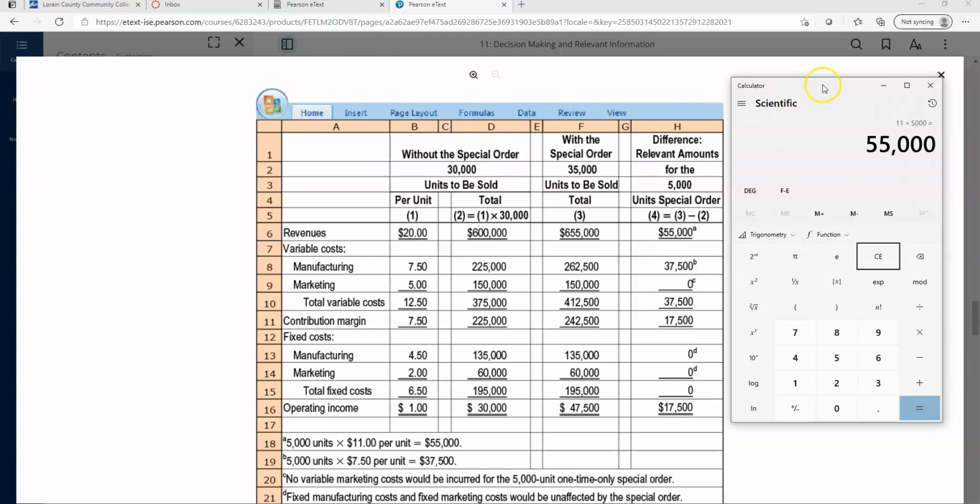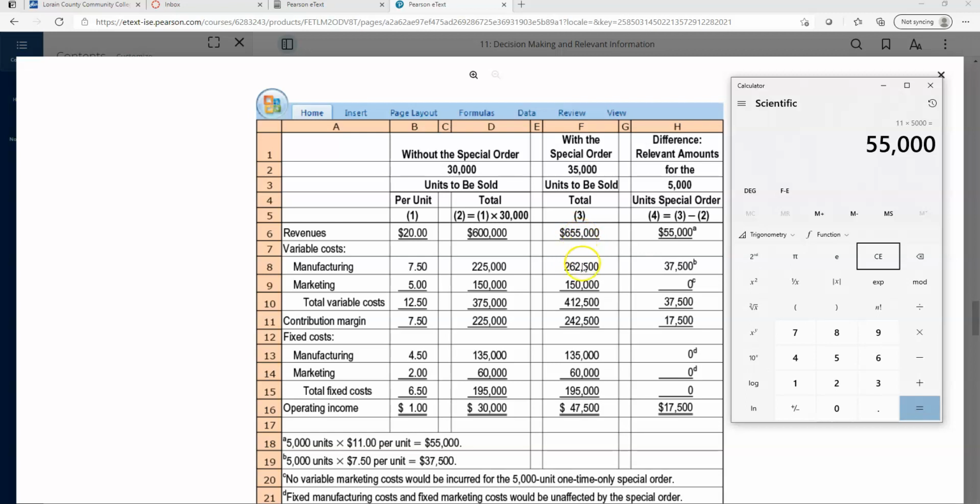And that gives me an extra $55,000 of revenue. So my differential revenue between the two decisions I have to make, my incremental revenues, are $55,000, the difference between the $600,000 and the $655,000. So that's the incremental jump in revenue here.